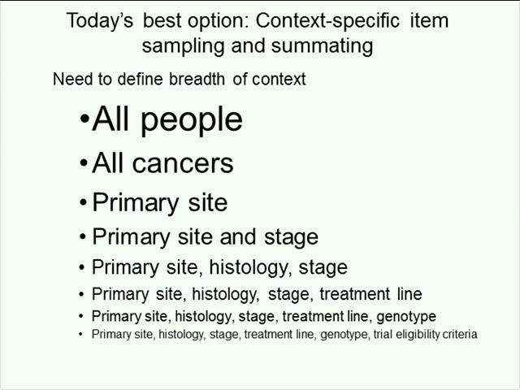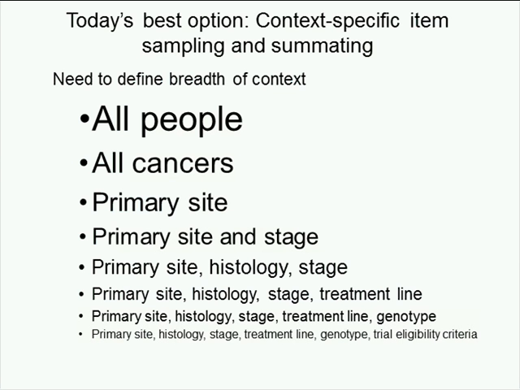We can get even more specific and say we want this questionnaire or these sets of items to be specifically appropriate for the context of use of one primary site, histology, stage, treatment line, and genotype. And even then go further and say primary site, histology, stage, treatment line, genotype, and trial eligibility criteria.